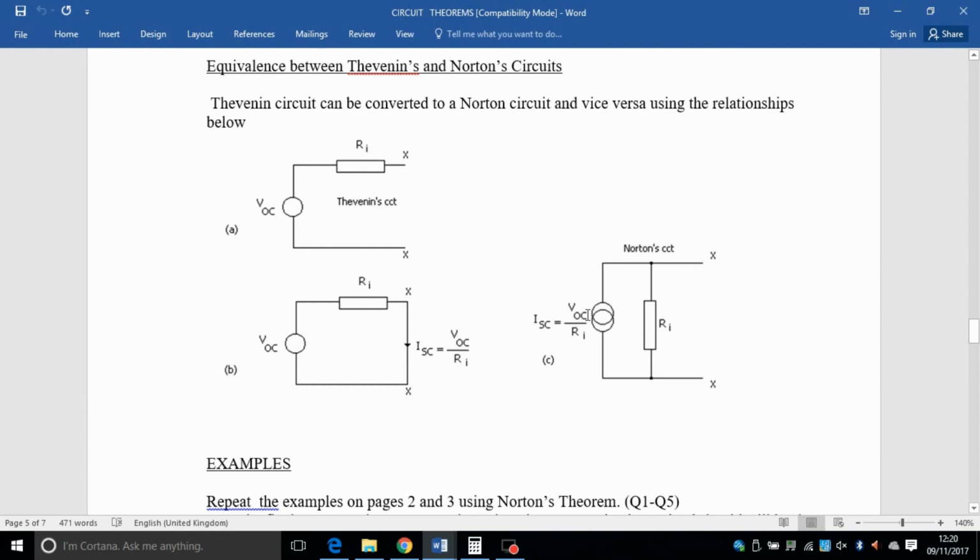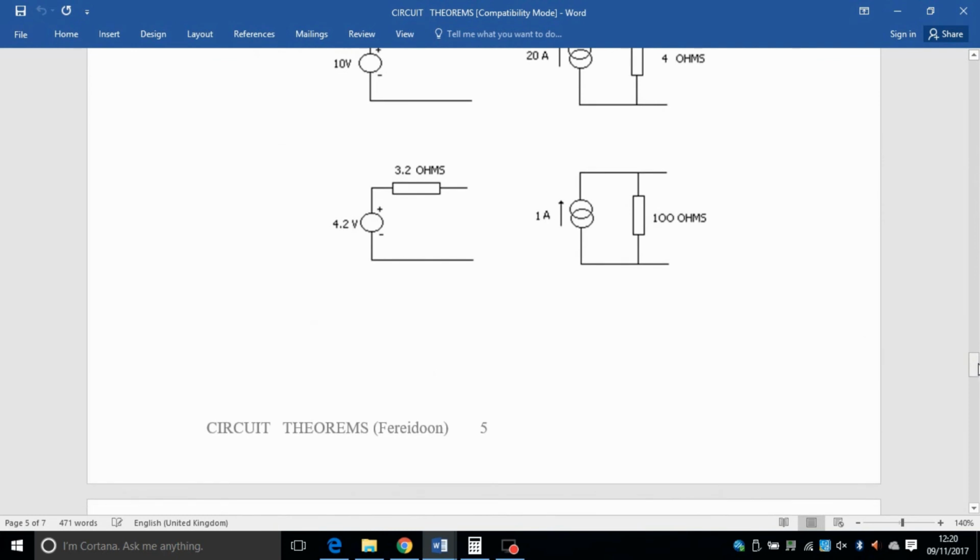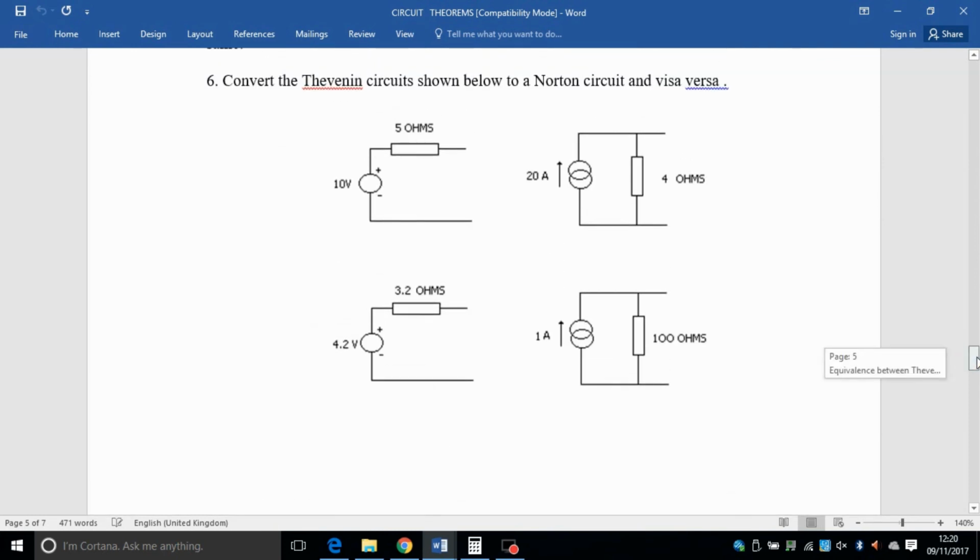You just transpose for VOC, which is Ri times ISC. So if you have the short circuit current, you multiply it by the internal resistance and find the open-circuit voltage. So you can convert from one to the other. Examples for Norton's theorem: we want you to convert the Thevenin circuits shown below to a Norton circuit and vice versa.